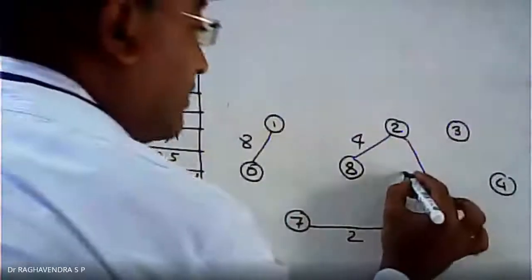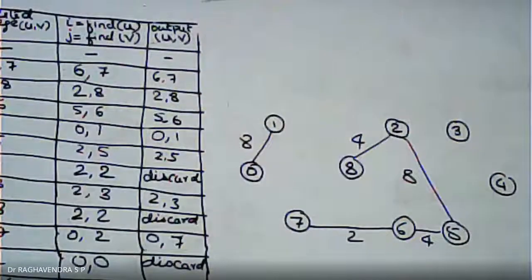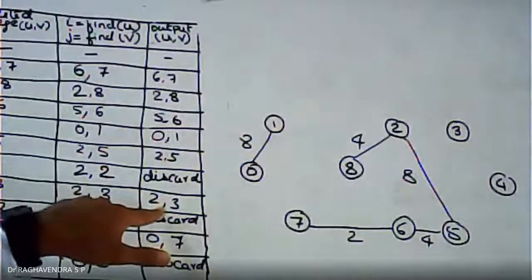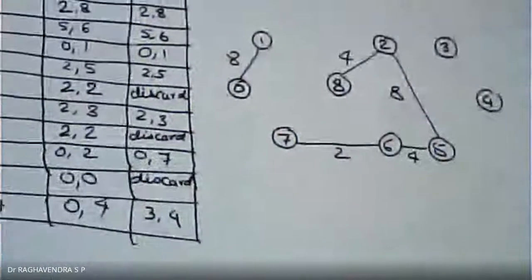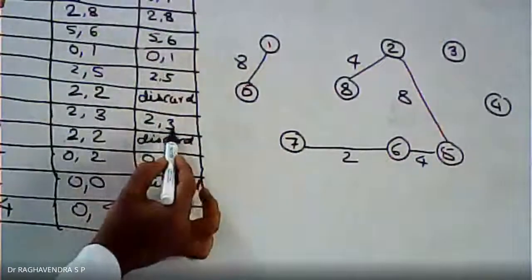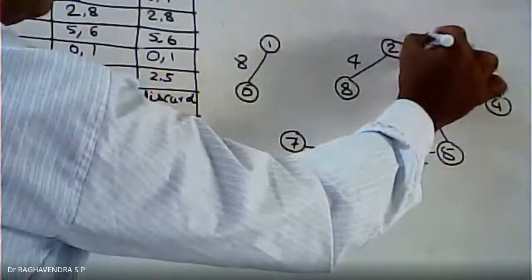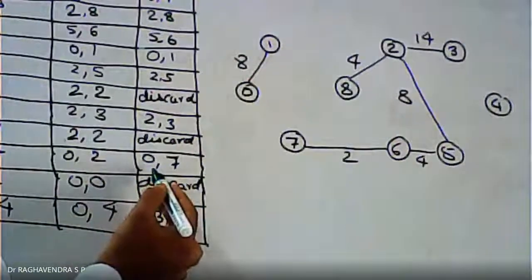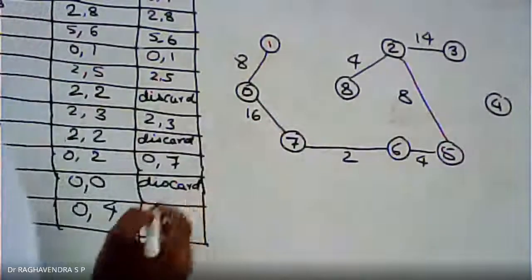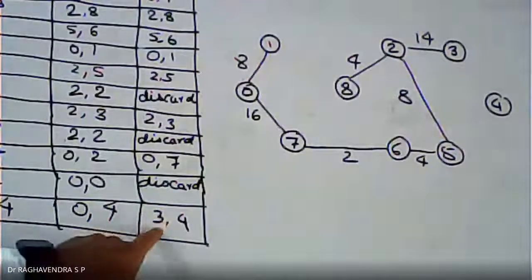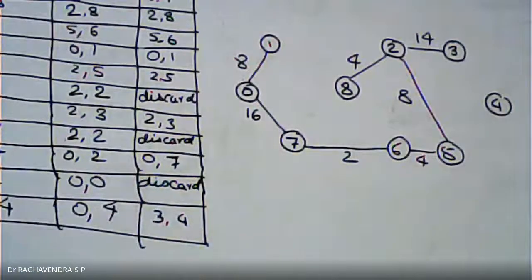Then next, 2 to 3, 14. Next, 0 to 7, what is the cost? 16. Then 3 to 4. Next, cost of 3 to 4 is 18.